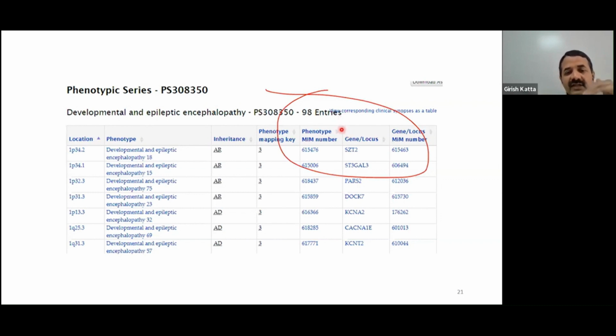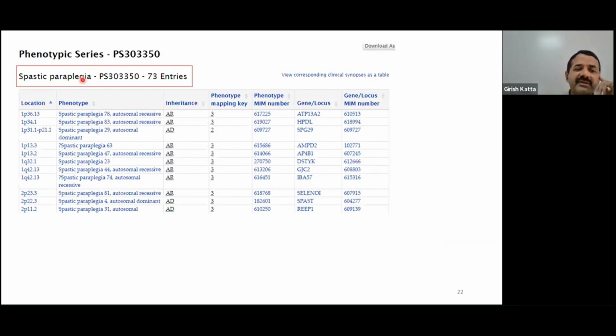So instead of sequencing 98 genes, you can do one test, that is exome sequencing, or even a panel test which is available. This is where exome sequencing is really helpful. It may be spastic paraplegia again. You can see 73 genes where we get diagnosed by exome sequencing.